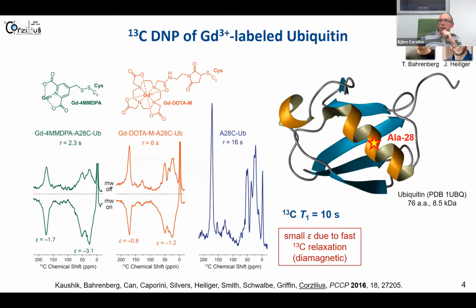That means we make sure that the gadolinium-labeled proteins are substantially removed from each other so that there are no intermolecular interactions. This is why we usually work at sub-millimolar concentrations, typically about 500 micromolar.